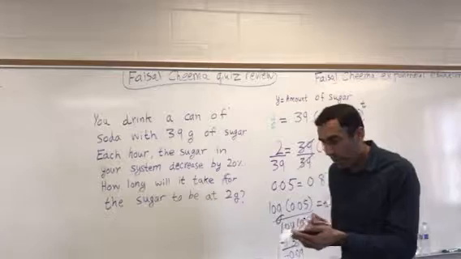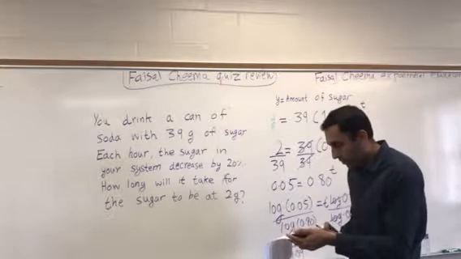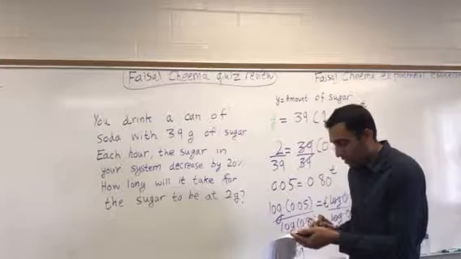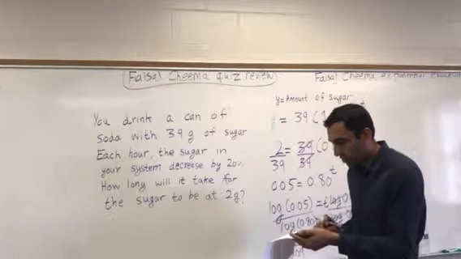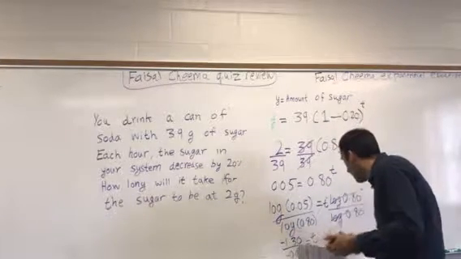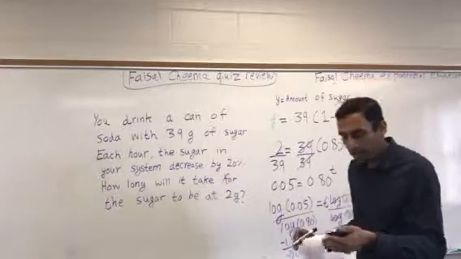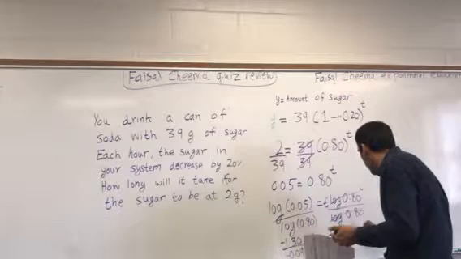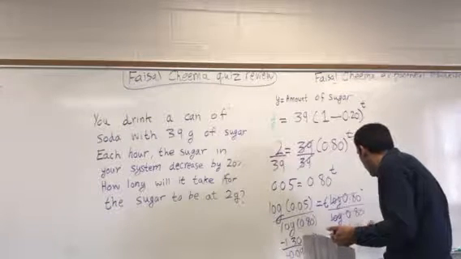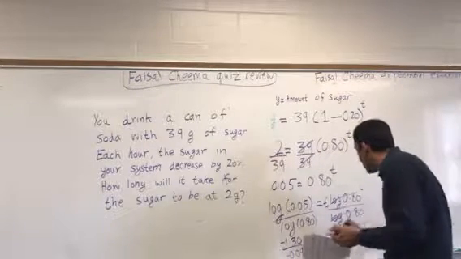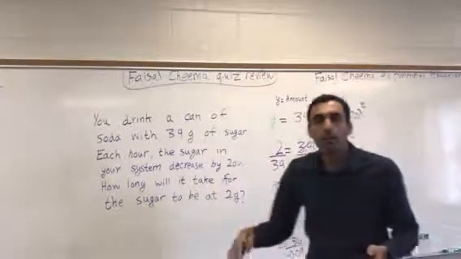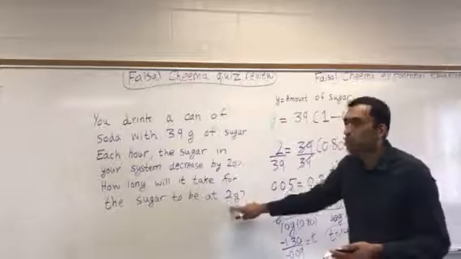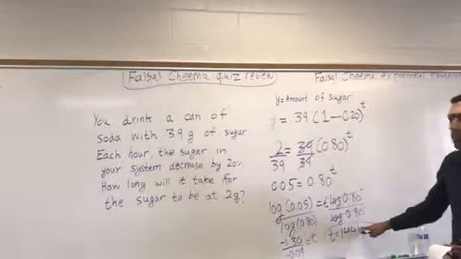So your final answer will be 1.3 over 0.09. The negatives cancel, so you don't have to worry about the negatives. So your t, the final answer, will be 14.4 hours. So that's how long it will take for your sugar level to go down to 2 grams. 14.4 hours.